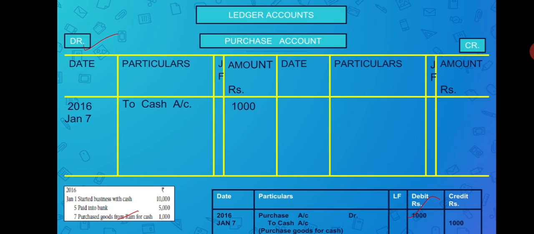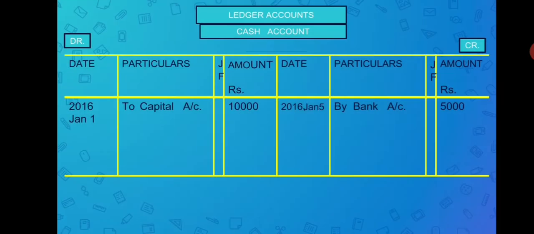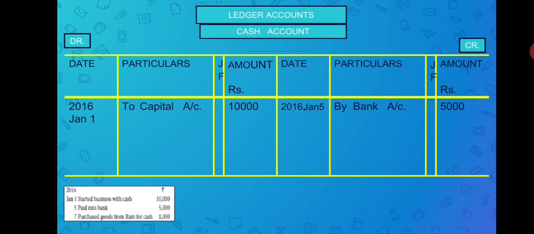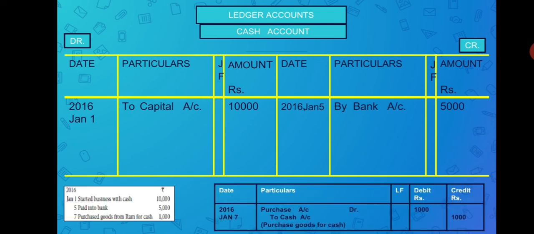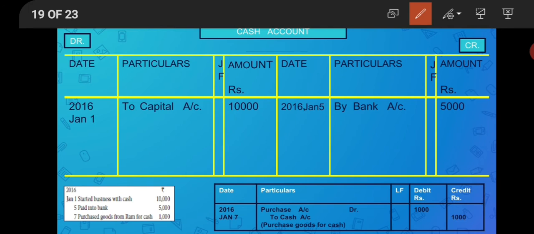Next we want to do the postings for cash account. Okay, coming back to cash account, already 2 transactions are posted in cash account, it is ready. Now the third transaction also we want to do. Okay. So once again you see, now cash account is there, cash account is credited.